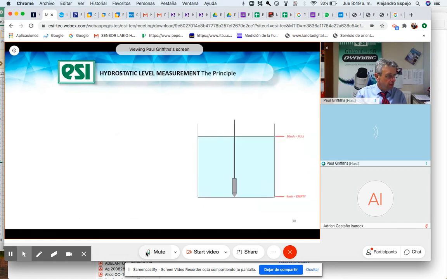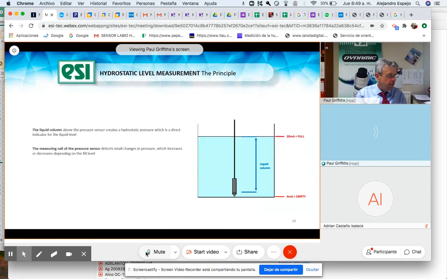Now, a little bit about hydrostatic level. This is a submersible transmitter, and the sensing diaphragm, the sensing element, is always at the very front of the transmitter, just behind the cone. It will measure the liquid column, the weight of water, hydrostatic pressure.